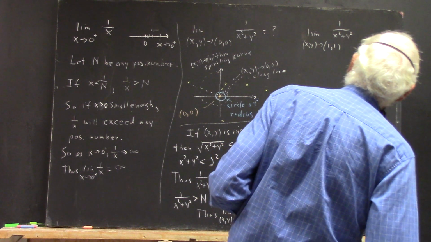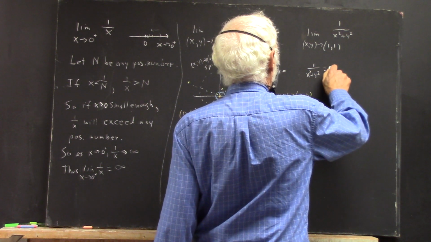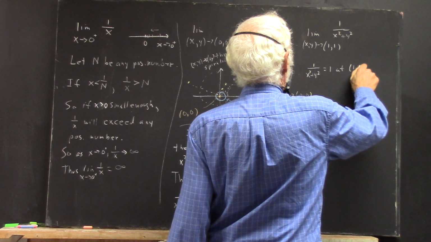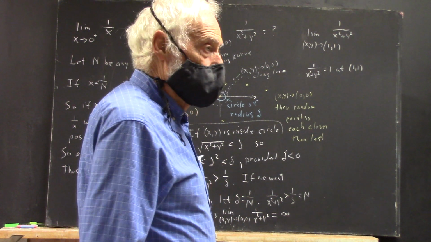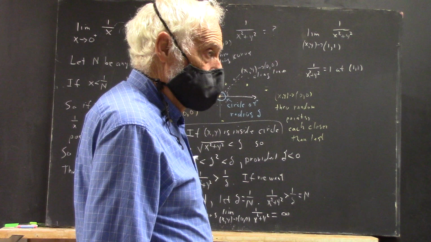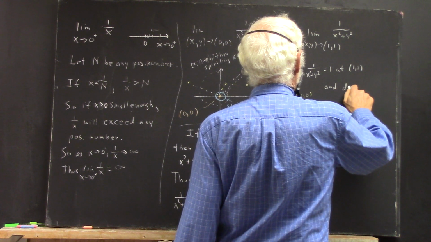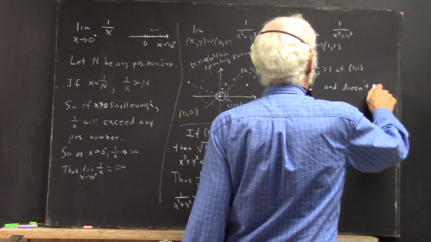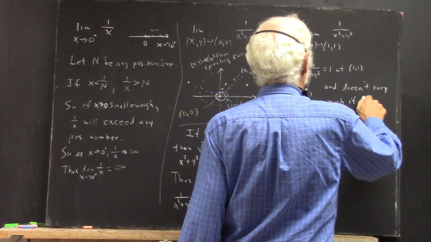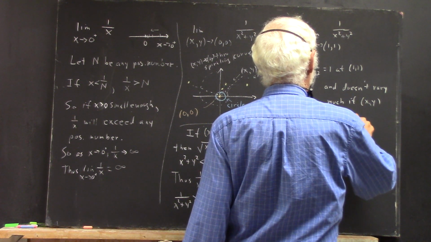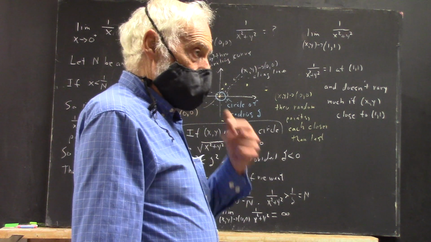Well, intuitively, 1 over x squared plus y squared equals 1 at the point 1, 1. It doesn't vary much if xy is close to 1, 1.